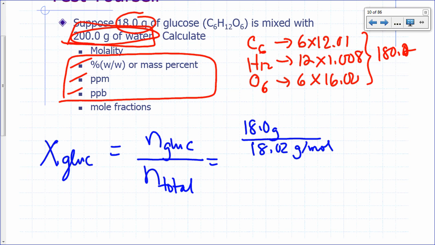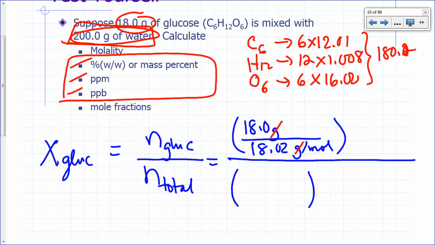So you divide the mass by the molar mass. That gives you moles. And the total would be glucose and the water. So I already have the glucose right here, 18.0 over 180.2 grams per mole.